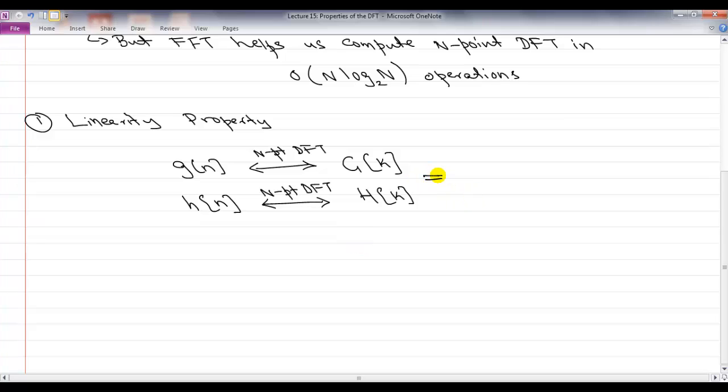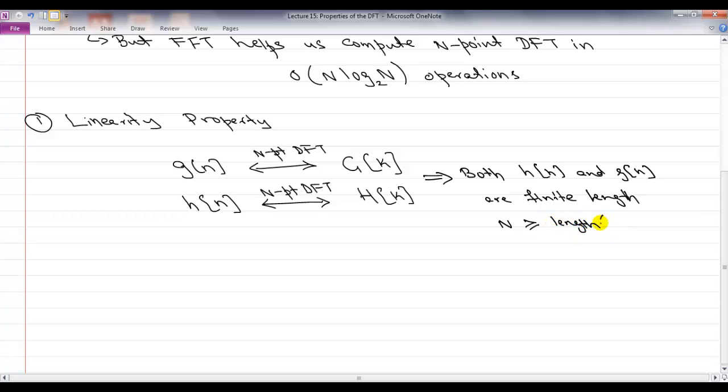So the implicit assumption is that both g[n] and h[n] are finite length, and not only that, but their length is smaller than or equal to the N that we are using for computing the DFT. So N has to be greater than or equal to the length of g[n] and the length of h[n].